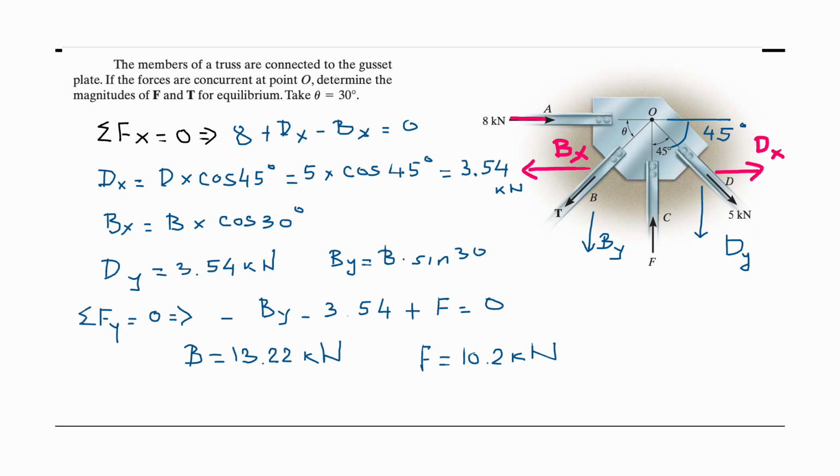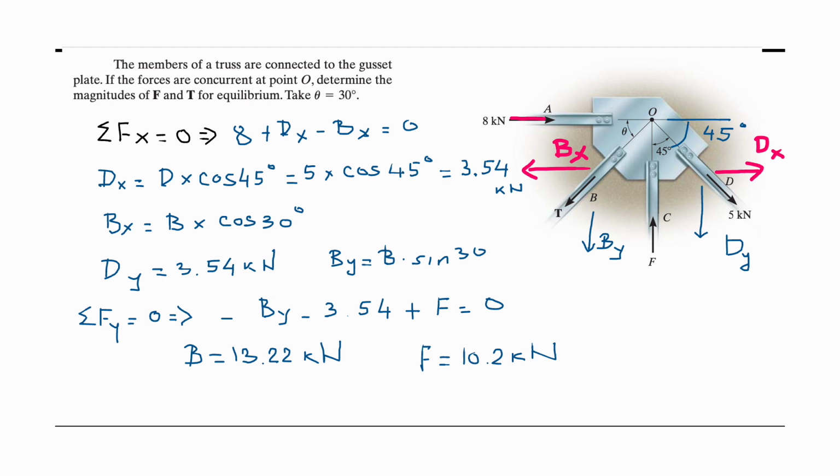Again, we need to split it into dx and dy, and we have an angle of 45 degrees, so dx is equal to D times cosine 45, and dy is in a negative direction and is equal to D times sine of 45.